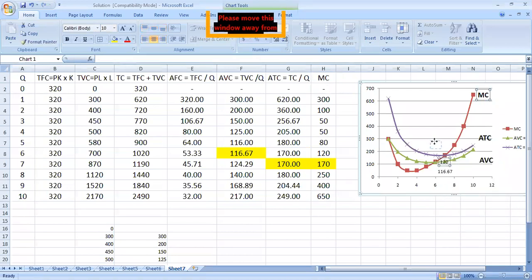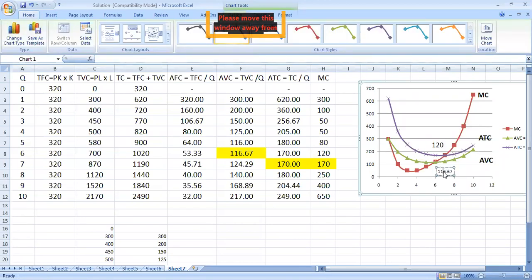So marginal cost is 120 here, but average variable cost is 116, right? So it is not equal. Basically it should be equal. The point where average variable cost becomes minimum, it is always equal to marginal cost.